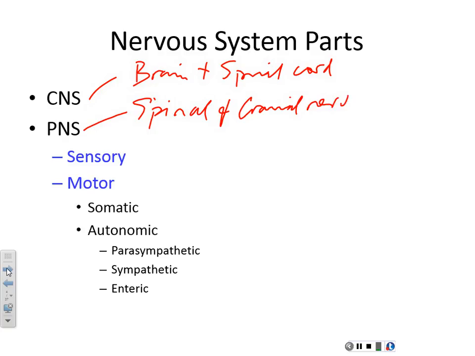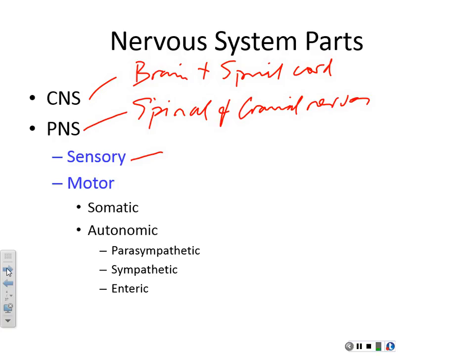Because if I ask about the organization of the nervous system, guys, I want you to tell me what each of those sections or divisions includes. What are the parts that make up those divisions? And the sensory division is all those sensory nerves carrying information to the brain, either about the external or the internal environment.